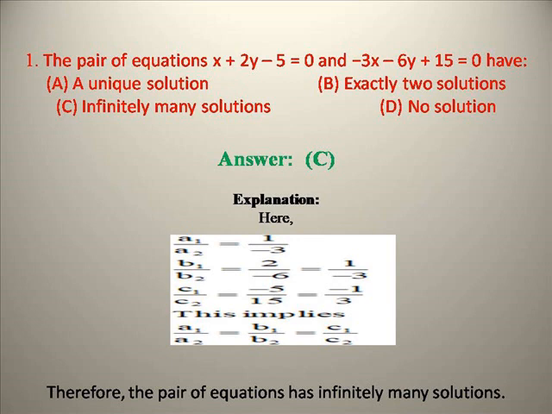Why is it? Because whenever we find the ratios of the coefficients a1 by a2, b1 by b2 and c1 by c2, you will get all three ratios are the same. So a1 by a2 equals b1 by b2 equals c1 by c2. Therefore option C, infinitely many solutions, is the answer.